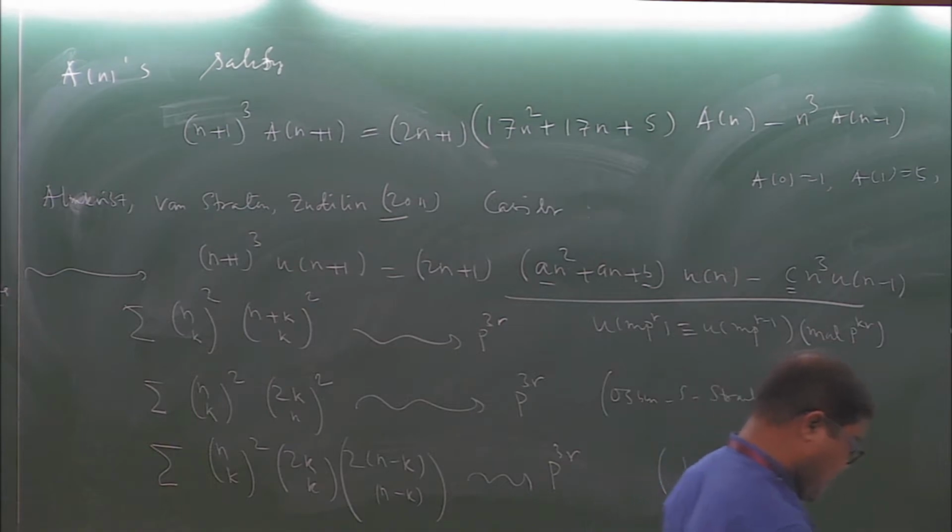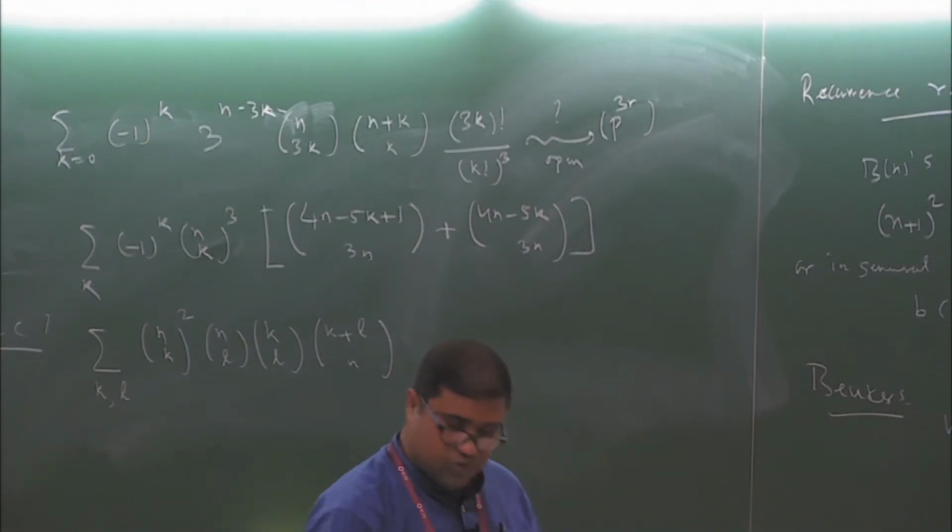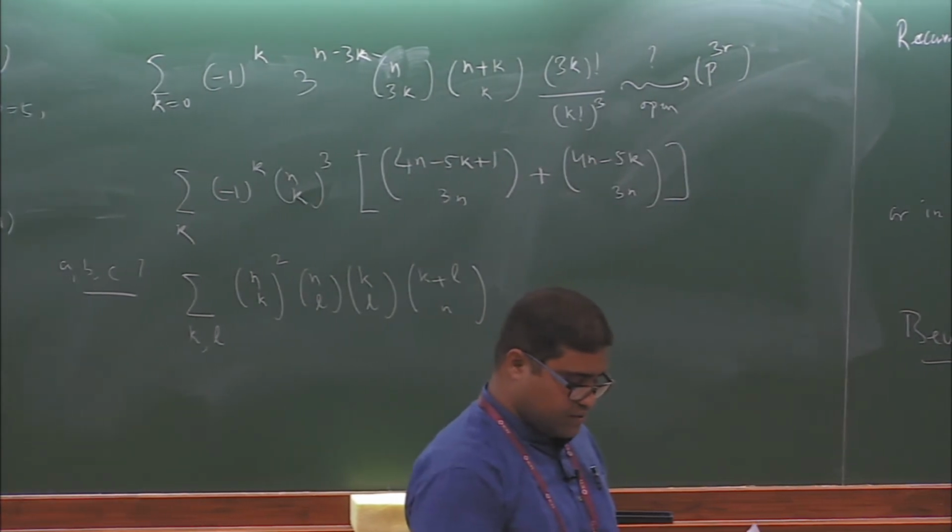And I would like to mention that the congruence u_{mp^r} congruent to u_{mp^{r-1}} modulo p to the power kr is open. We checked this is true for 3r, but we couldn't prove it using Coster's method. This one used some other method.